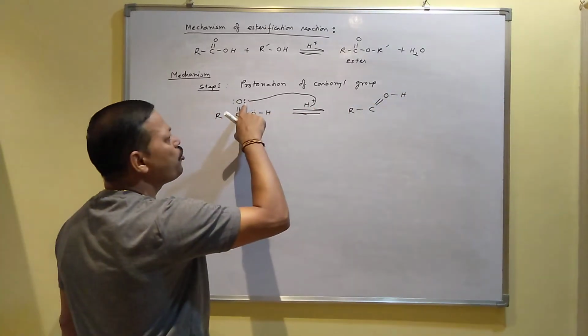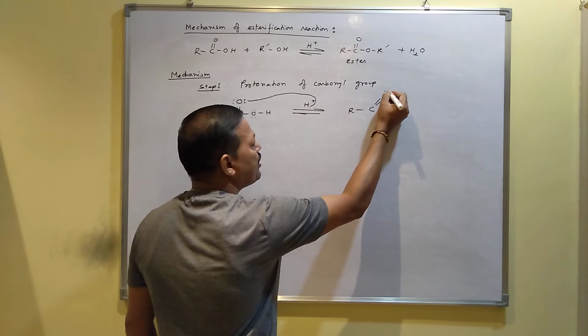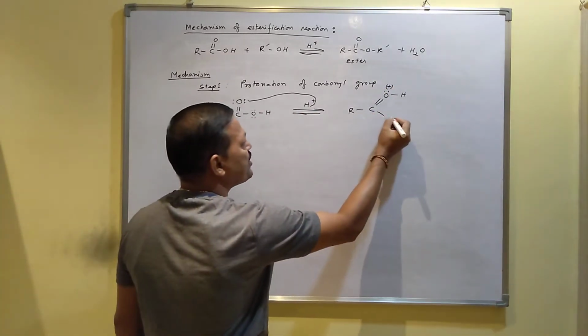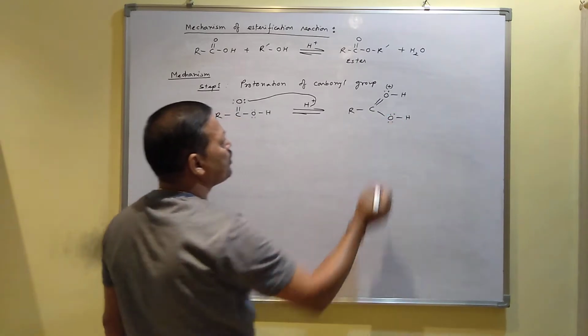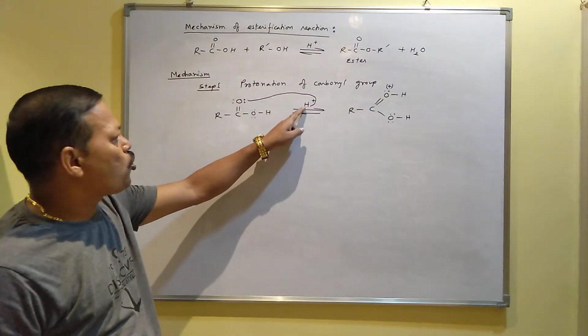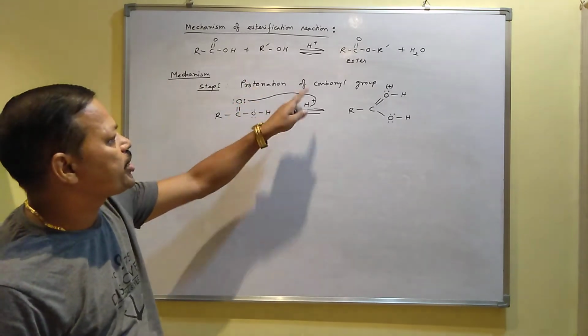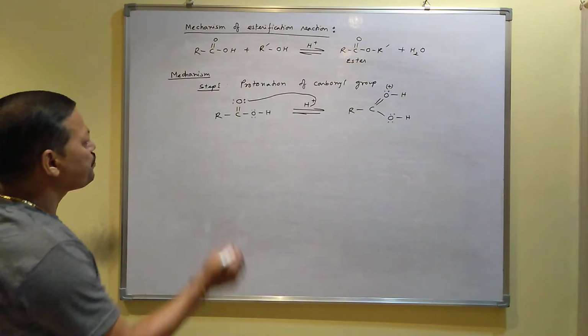Now since one lone pair produces the bond with hydrogen, one lone pair will be present here, and that's why it becomes positive, and this OH will remain the same. Since H plus ion, I mean proton, is joined with the carbonyl oxygen, that's why the step is called protonation of carbonyl group. So this is your first step.